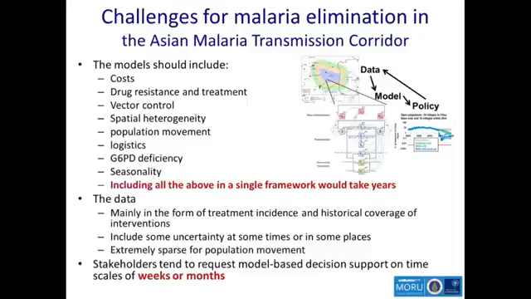So the anti-malarial resistance aspect of the model, you could just have two types. You could have people who are sensitive and people who are resistant. But actually, in reality, what we're dealing with is a situation where you have artemisinin resistance, and then you can get resistance to the partner drug that's partnered in the combination therapy.